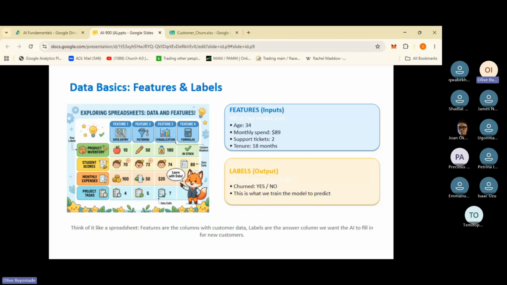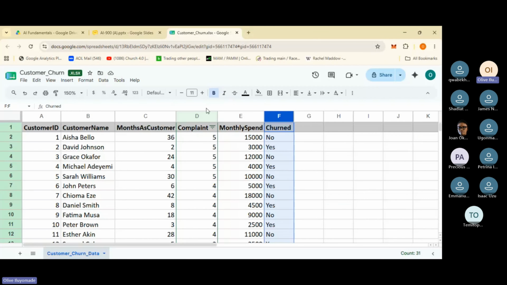So if we go back to the Excel sheet right here, all these are the features about the customer, up to monthly spend. Remember we saw age, but the ones that are important are not the customer ID or the name of the customer. How many months they've stayed is a feature.